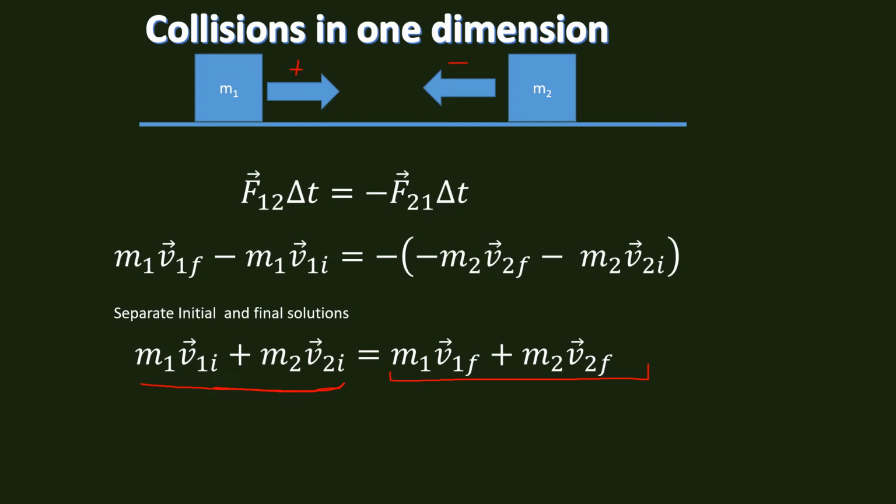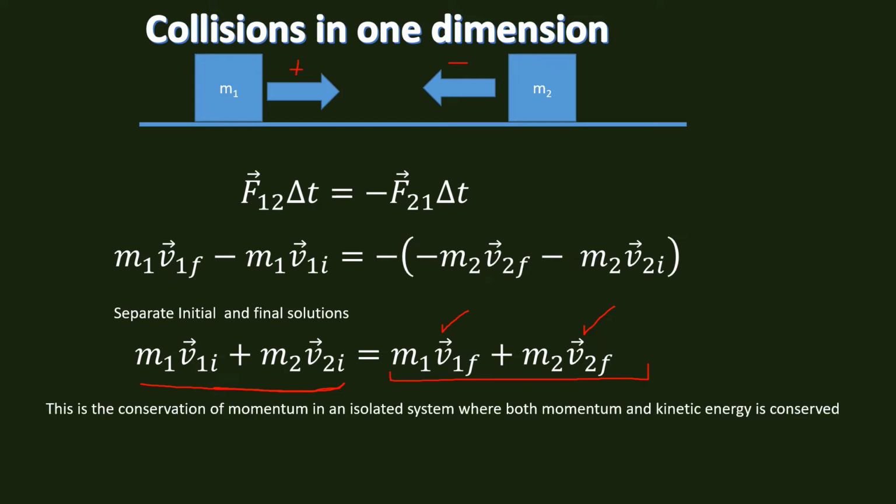So we may be asked to solve for V1F and V2F, depending on the type of problem, where we have two variables. So this is the conservation of momentum in an isolated system where both momentum and kinetic energy are conserved. That means whatever kinetic energy goes into the system comes out, it's going to be the same in this type of collision right here.